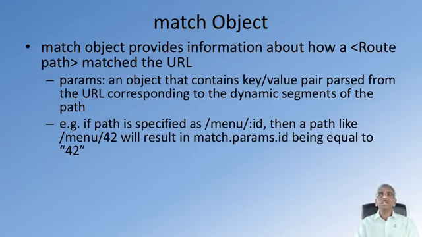Each param is associated with a key value pair. So if we specify the path as menu/:id, then this id will be used as a key, and if you specify the value as menu/42, then 42 will be the value. So the key will be id and the value will be 42. That's how that becomes available within the match object that is given to your component.